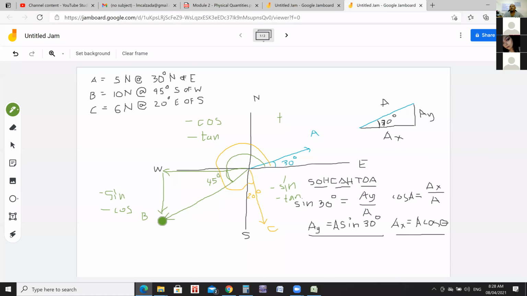Okay? I'm sure nga nakaagi mo na pag high school. In the first quadrant, in a Cartesian coordinate plane, all of the trigonometric functions are positive. The second quadrant, two trigonometric functions are negative. That is cosine and tangent. In the third quadrant, two trigonometric functions are negative, sine and cosine.